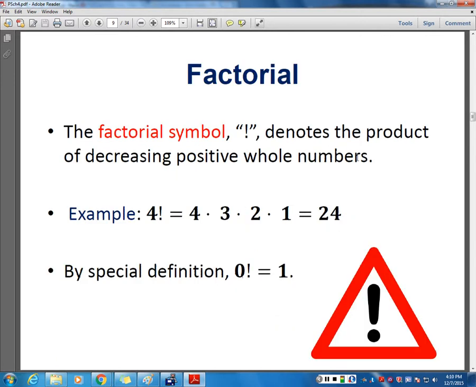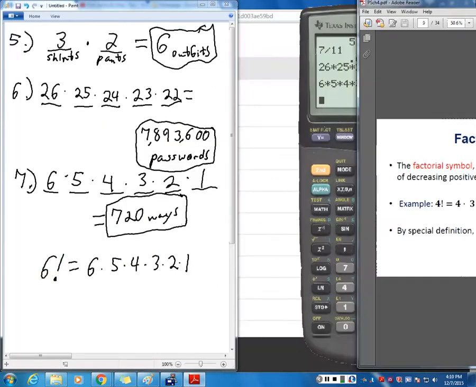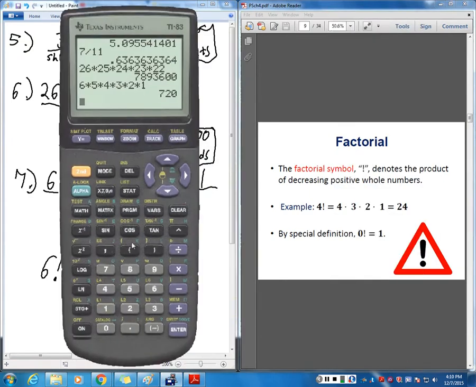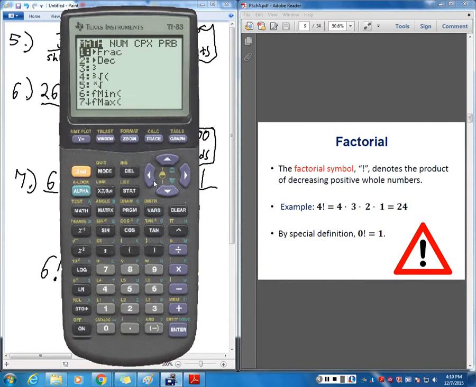Well, let's have a little bit of fun with factorials before we move on. If I go to my calculator and I find a 1-digit number like 9 and find 9 factorial, I get a really big number, 362,880.